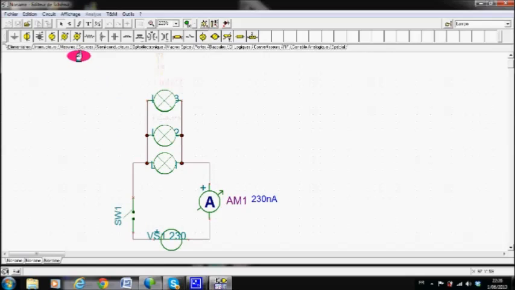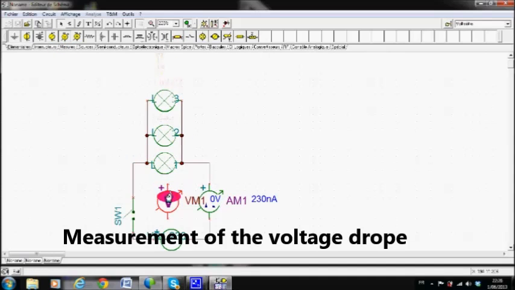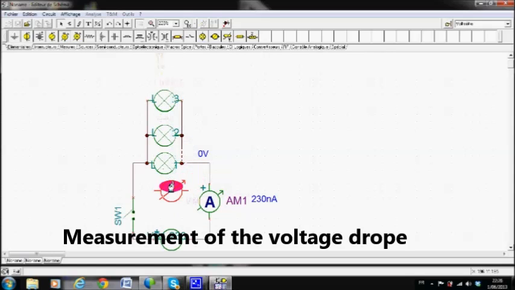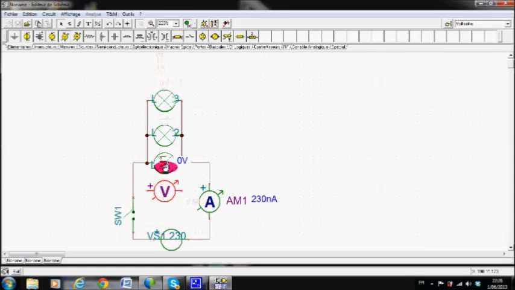But now look, I'm going to use my voltmeter. I put my voltmeter here so I can measure the voltage drop of this ammeter. I make the connection between this side and this side, and then the connection between this side and this point.